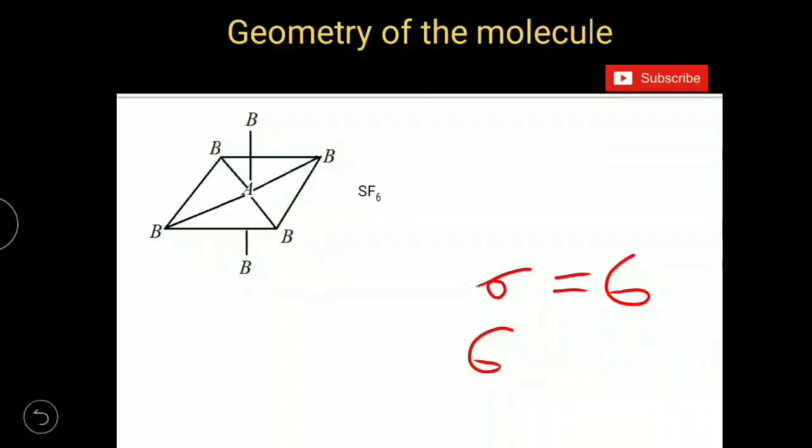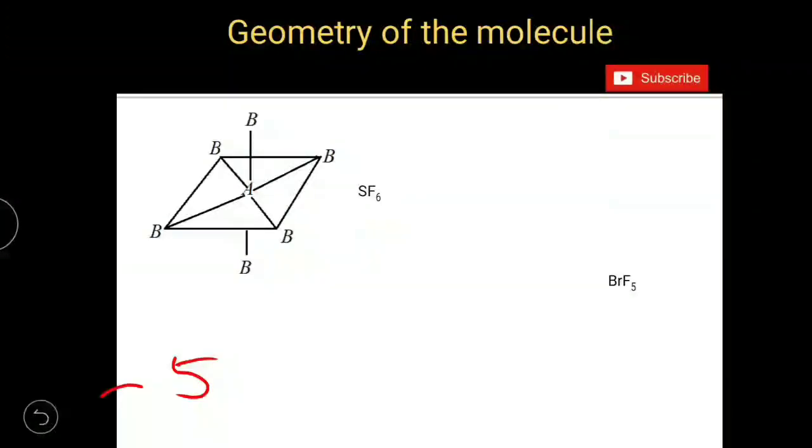Come to bromine pentafluoride, BrF5, in which central atom bromine is bonded to 5 fluorine atoms. That's why there are 5 sigma bonds. Valence electrons in bromine is equal to 7.